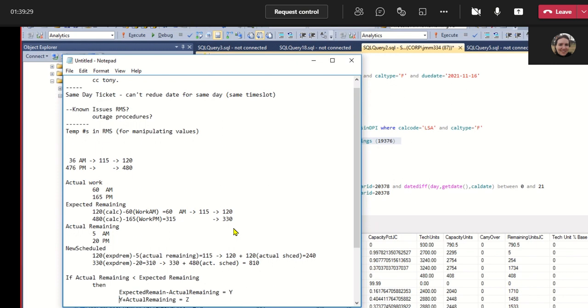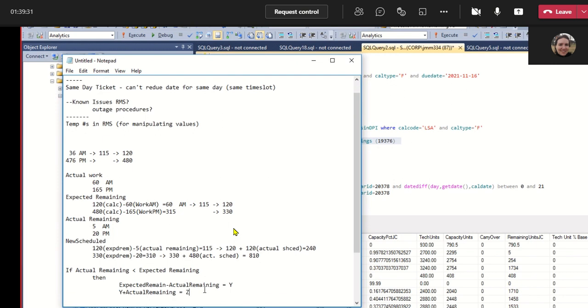This is where we have to deal with, what if actual is negative? Yeah, I know we can handle those corner cases, maybe in a different meeting.